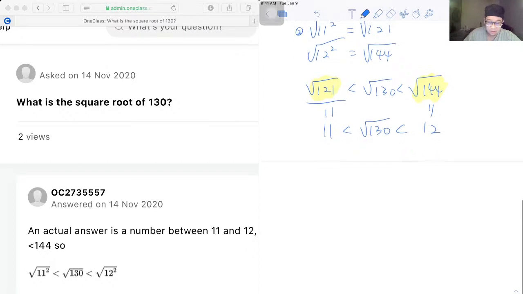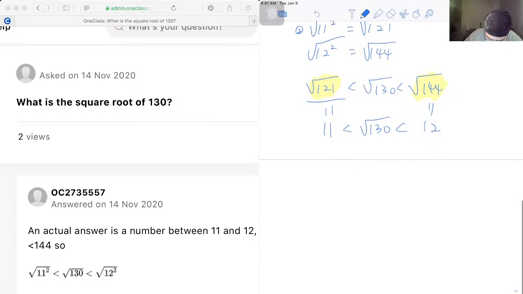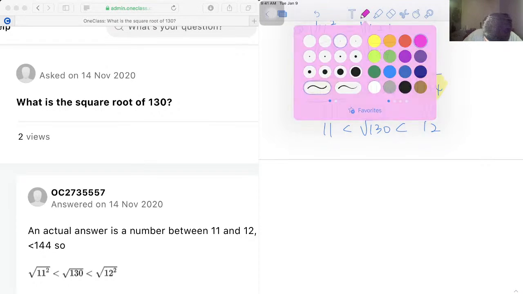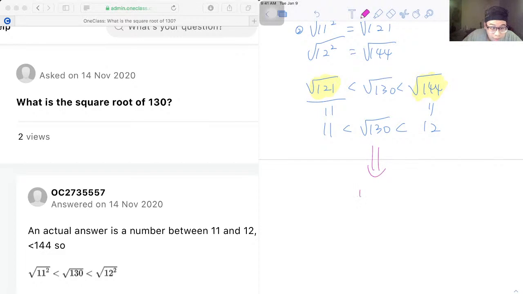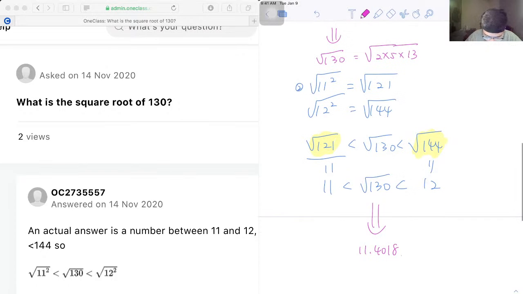So root 130 will be a decimal somewhere between 11 and 12, and the answer should be 11.4018.